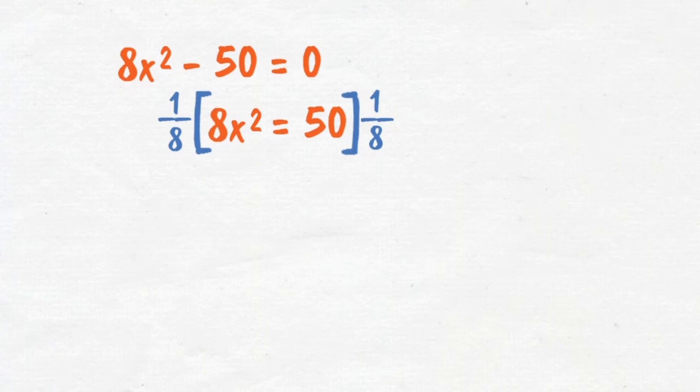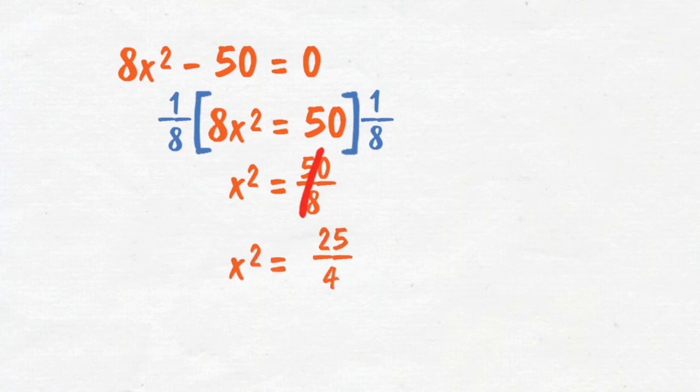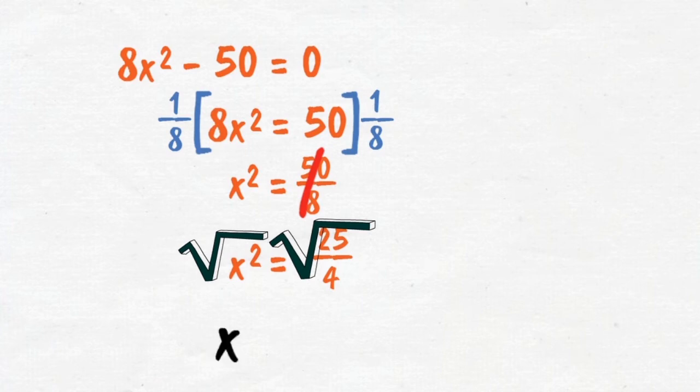From here, we now have x squared equals 50/8. Notice that the constant can be simplified, so we will simplify it into 25/4. Now we use the square root property. Therefore, the solutions are positive and negative 5/2.